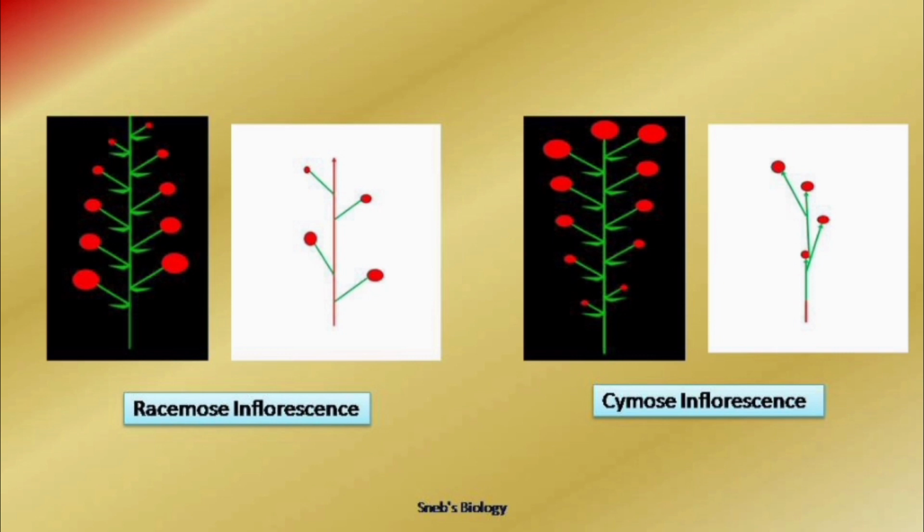The flowers are arranged in acropetal manner in racemose inflorescence, whereas in cymose, they are arranged in basipetal manner. In racemose inflorescence, the main axis is monopodial, that is, it is made up of a single axis. In cymose, the main axis is sympodial, that is, it is made up of different parts or fusion of different branches. That's why we call it sympodial.